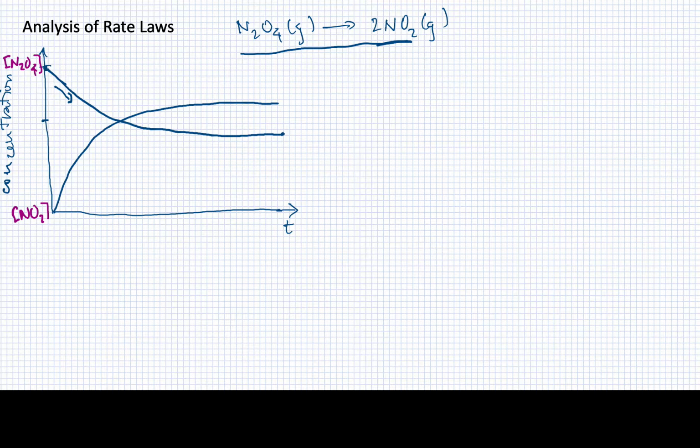And similarly, NO2 starts at 0. I'm assuming that we start only with N2O4, that it then breaks apart and forms two NO2 molecules and ends up over here. All right, now let's talk about this diagram a little bit and see if we can understand what sorts of things we can learn from this.